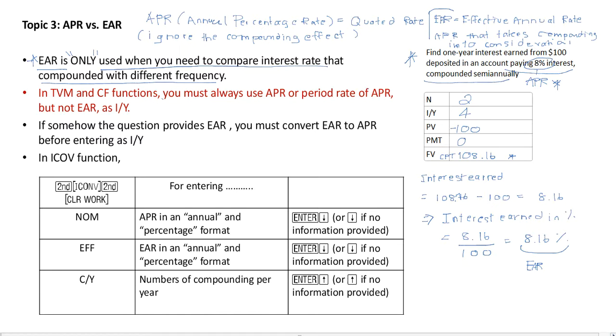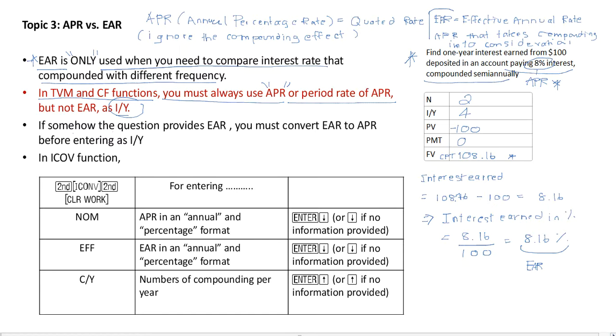In other situations, you must always use APR or the period rate of APR when you put that information as I/Y in time value of money and cash flow functions. Whenever you deal with time value of money and cash flow functions, you have to use APR, not EAR. That part goes to I/Y.